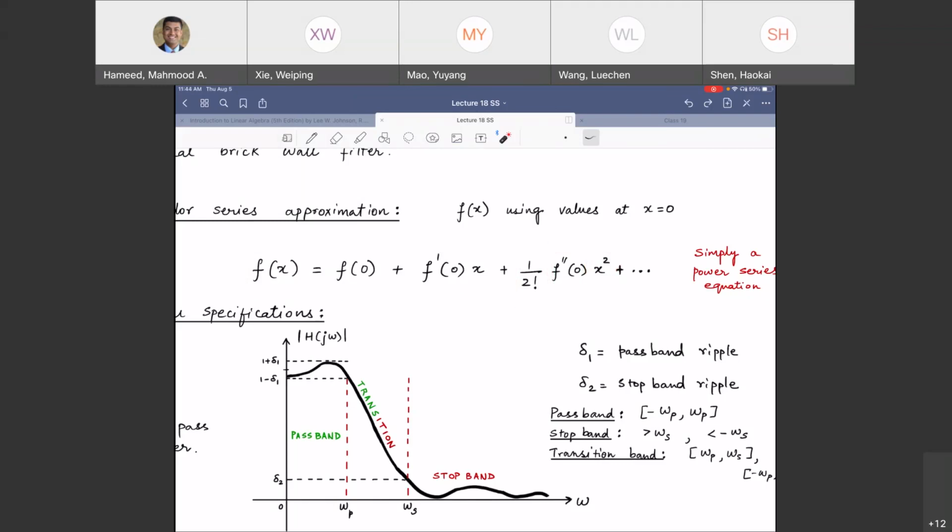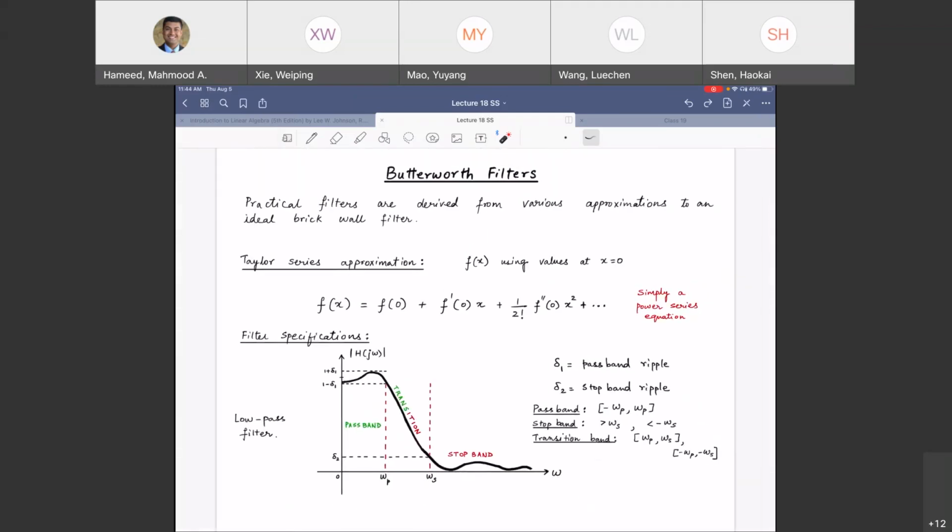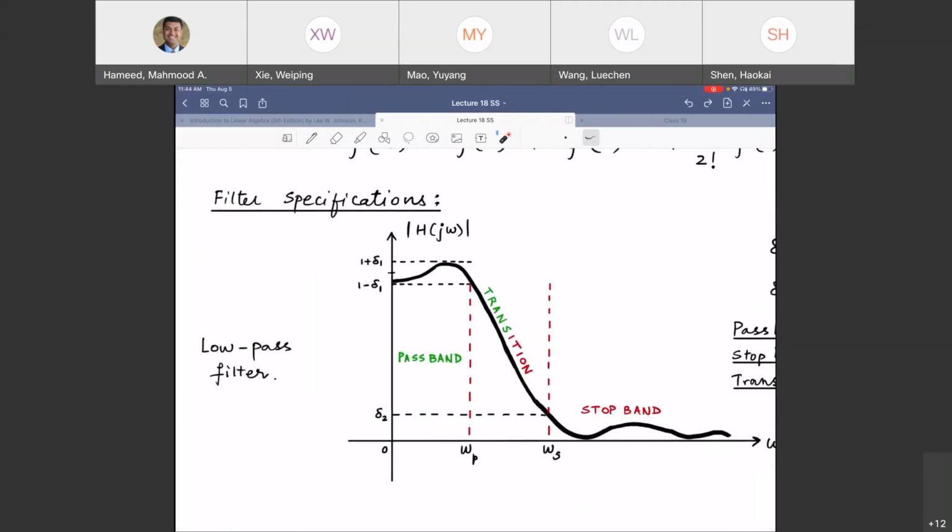This is not something that is specific for signals. This is for all functions. Any function can be represented as the value of f at 0 plus the first derivative times x, the second derivative times x squared, and so on. That's your Taylor series. So we are going to use that Taylor series in our Butterworth filter design. So we'll just have that as a reference.